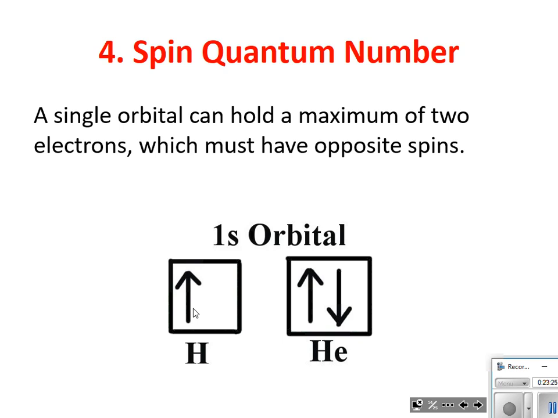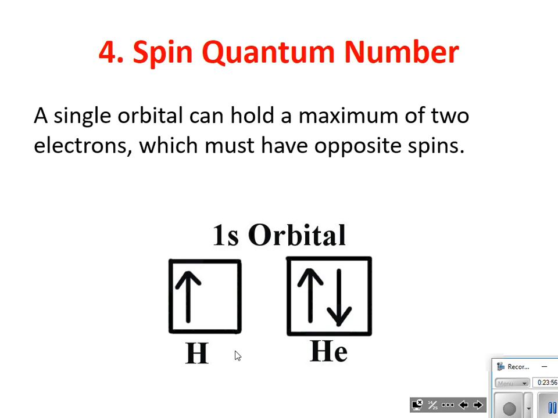So that arrow will represent an electron. So, here's hydrogen. Hydrogen is on the main energy level 1. It's on the first energy level. Look at your periodic table. How many elements are on the first energy level? 2. Hydrogen and helium.